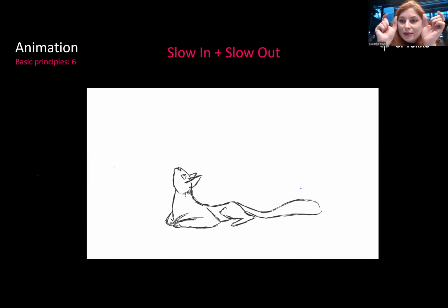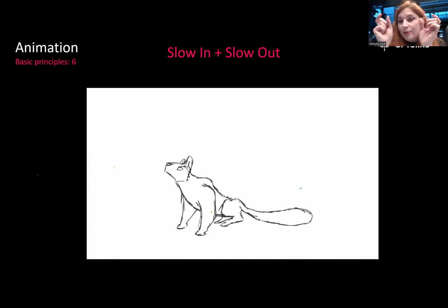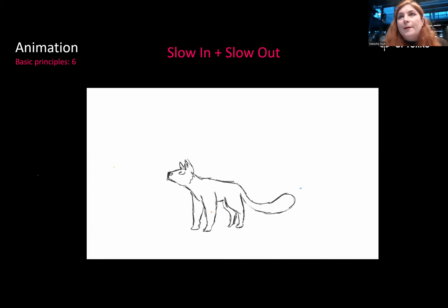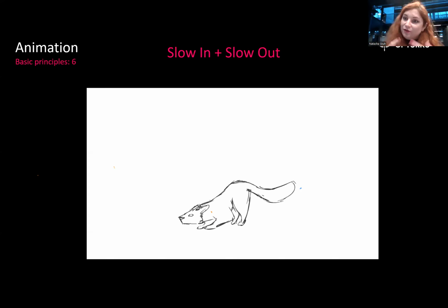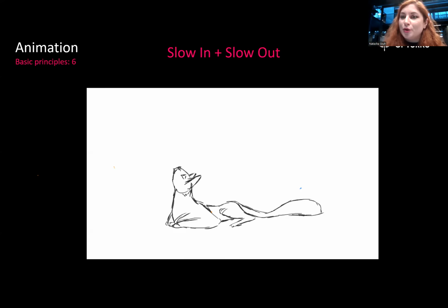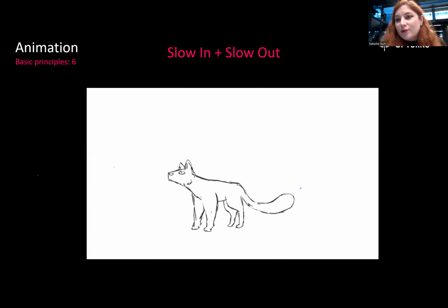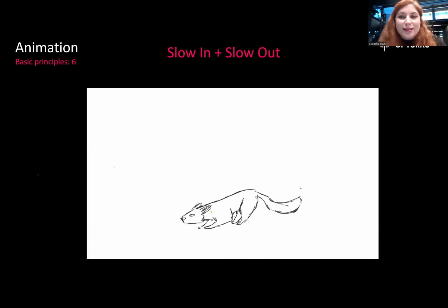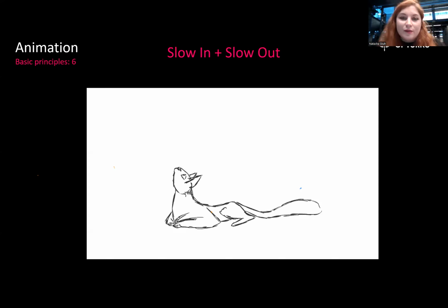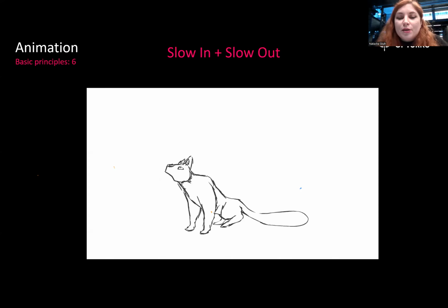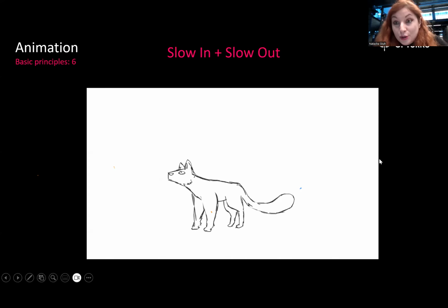That could be just slight tweaks of the timing, or the placement of certain frames. And when it feels right, nobody can tell you why. It comes from that inner feeling that it feels organic, it feels good, it feels believable.